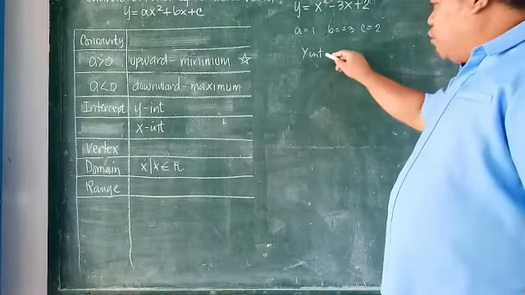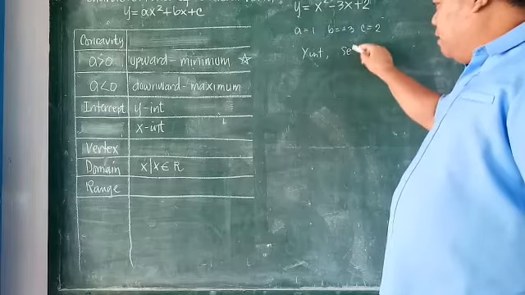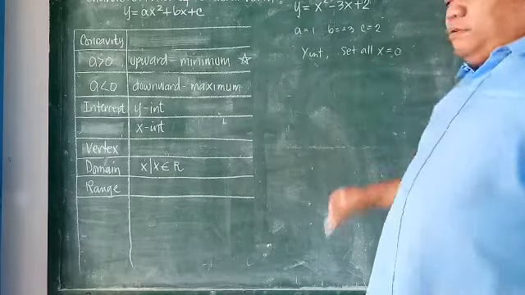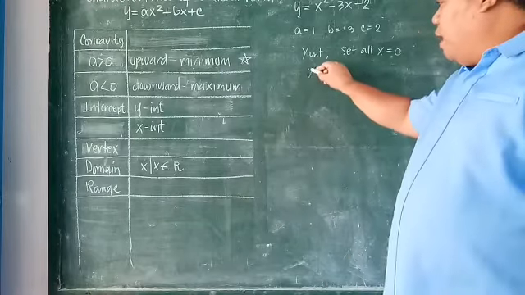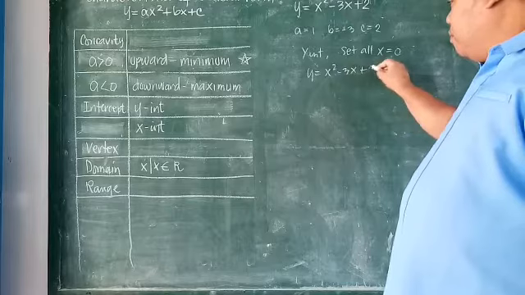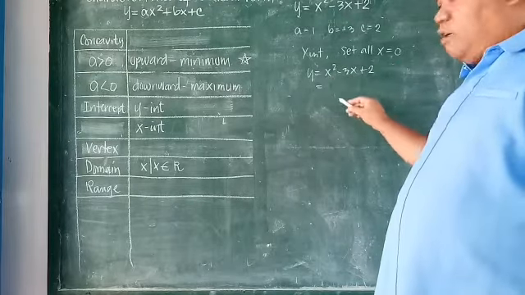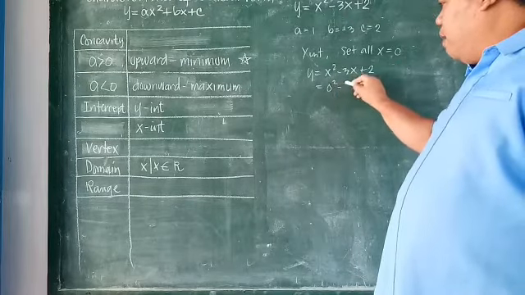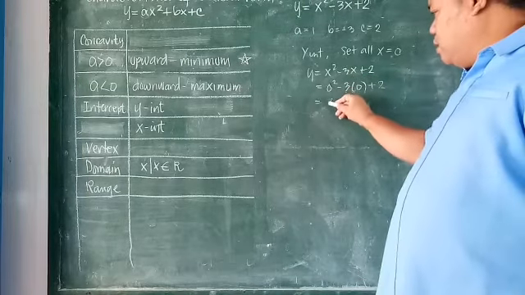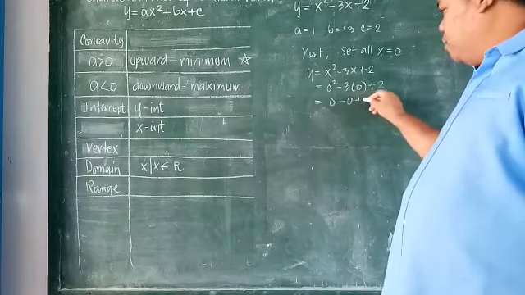In solving the y-intercept, set x equals to 0. So the equation y is equals to x squared minus 3x plus 2. We're going to set x to 0. So, 0 squared minus 3 times 0 plus 2. So this is 0 minus 0 plus 2.